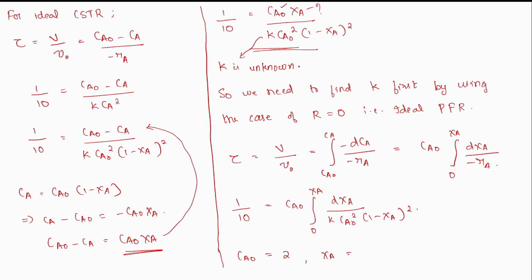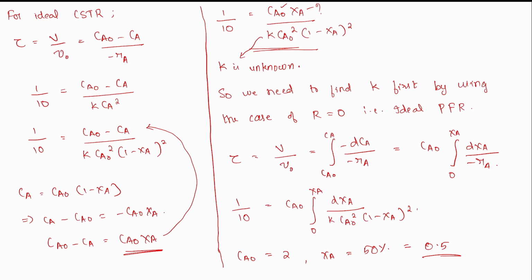Given Ca0 is 2 and xa is 50% for ideal PFR, so xa is 0.5. Just substitute the values for Ca0 and integrate this equation for Xa, and we can find the only remaining unknown, which is K here.